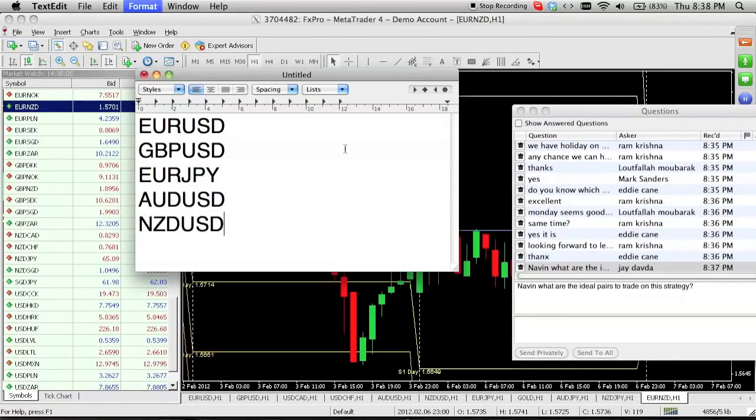And then there are pairs that are opposite, which is US dollar Swiss franc and US dollar CAD. These are usually in the same direction, and these are opposite. That's a total of 7 pairs. These are my favorite pairs, and they work quite well with each other. And they include the majors as well.